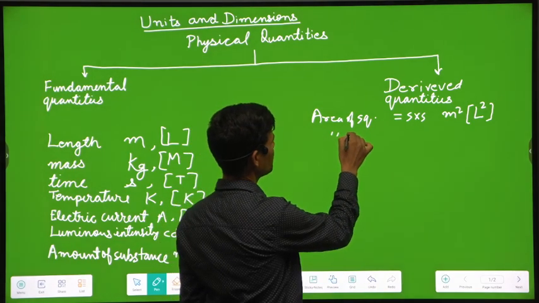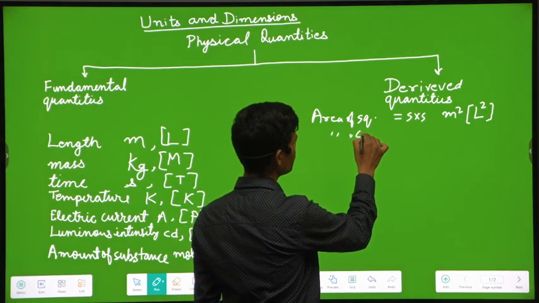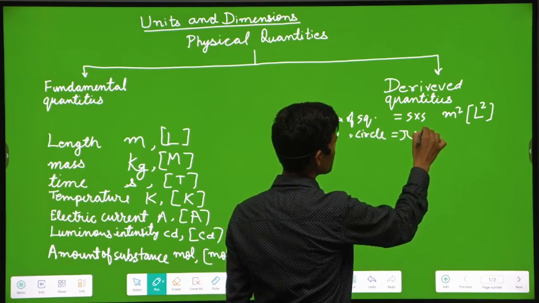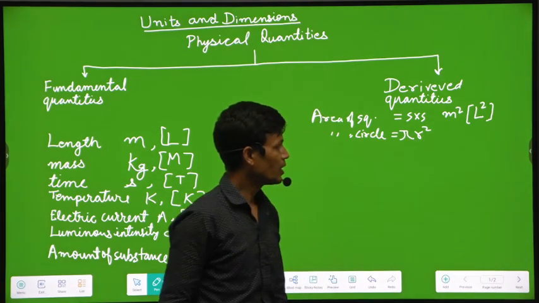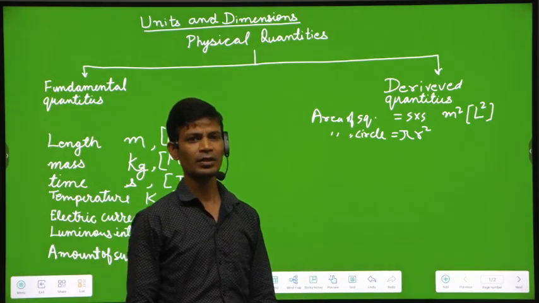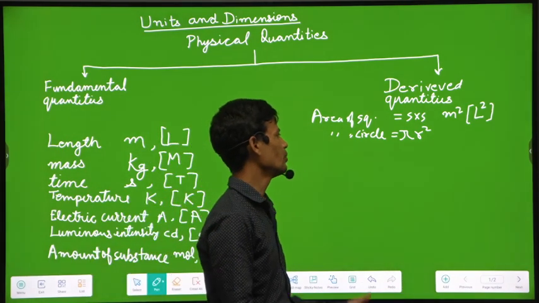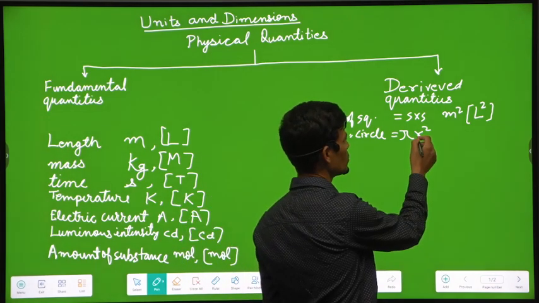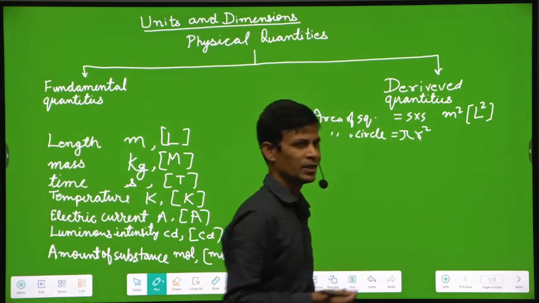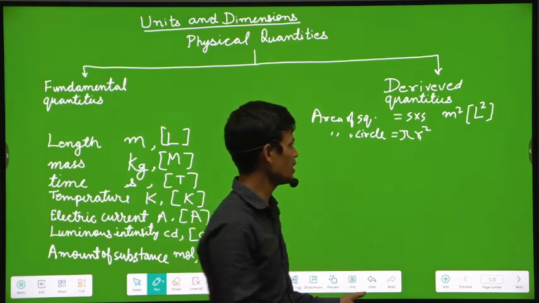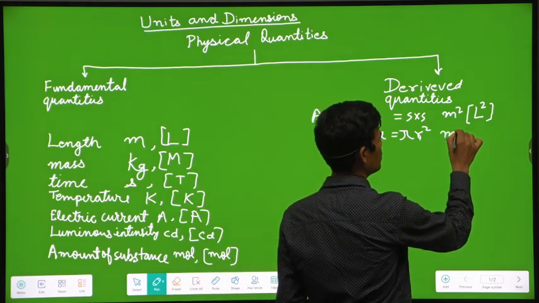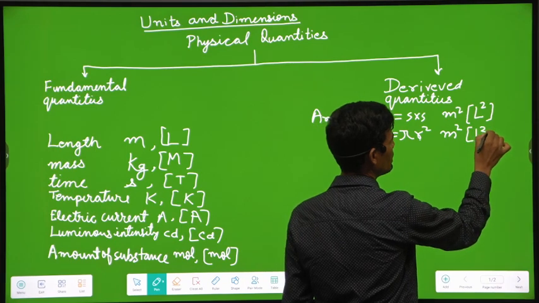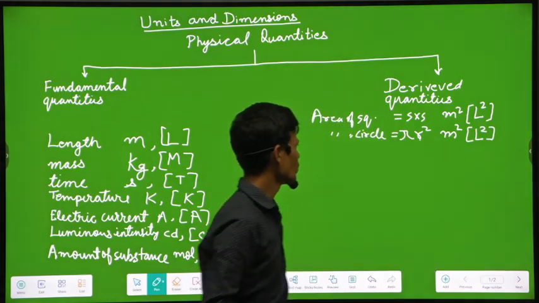So area of circle, we know pi r square. Now pi is just a number, a pure number, and a pure number is dimensionless. So only r, that is radius, which is length again, so its SI unit is meter square and its dimension will be L2.